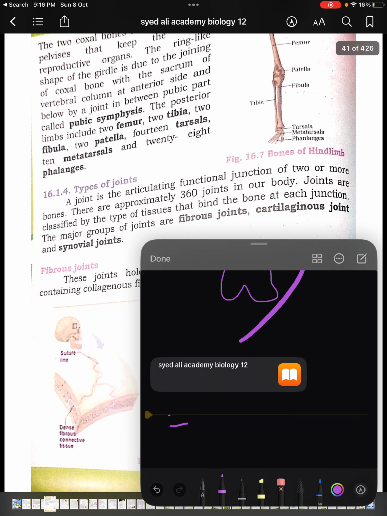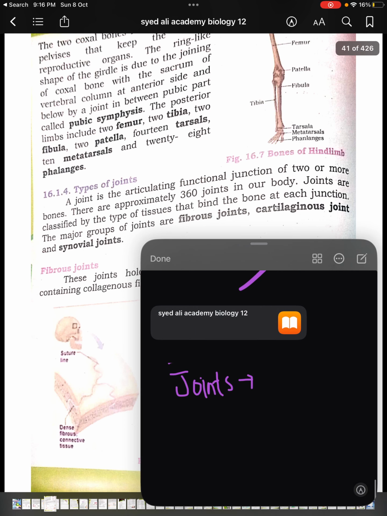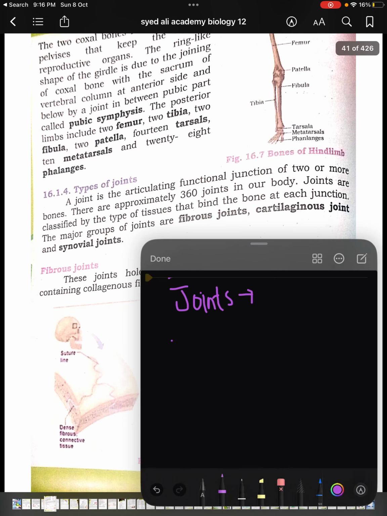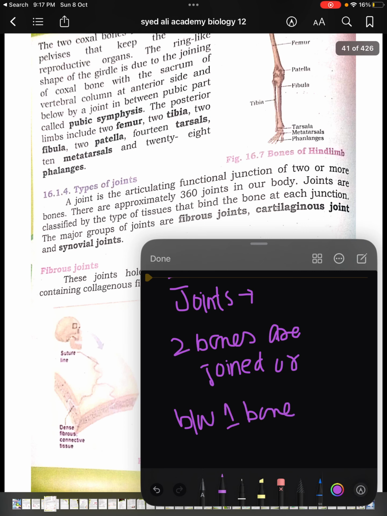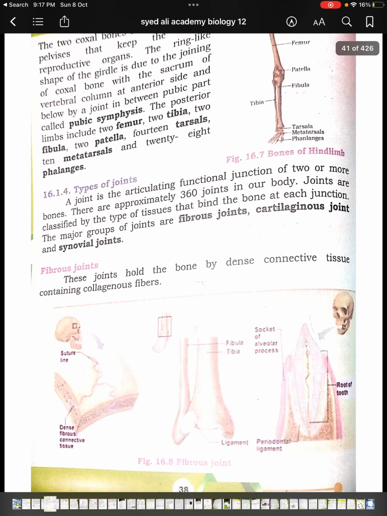Joints are formed when two bones are joined, or basically between one bone and cartilage. That is known as a joint, right?